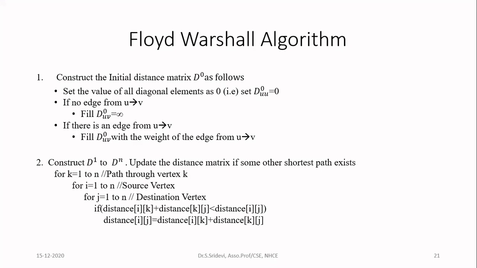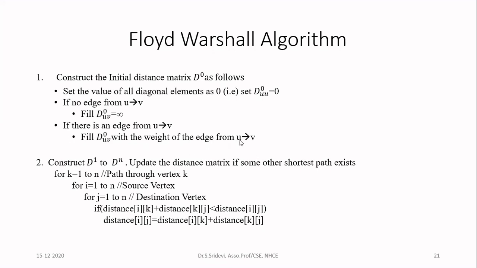Maybe later when you proceed in the algorithm, you will arrive at a path, but currently there is no path available, so we fill the path distance as infinite. Else, if there is an edge from node u to node v, then in the matrix D naught, in the index DUV, you have to fill in the weight of that particular edge from the graph.